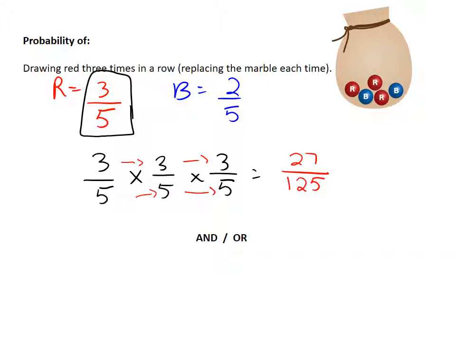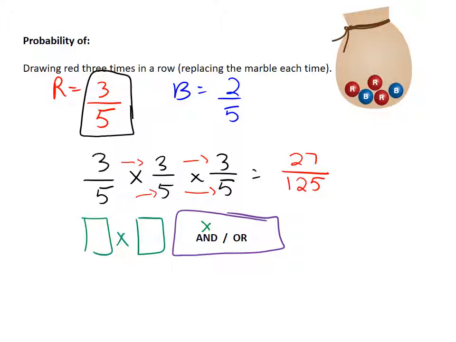So let's look down at the bottom. This is a big clue when you're doing probability, the difference between "and" and "or". So we've talked about "and", it means that you need to multiply, because those 2 events have to happen. We need them both. But if the question happens to say "or", if this marble bag, for example, said, what is the odds of drawing red or blue?